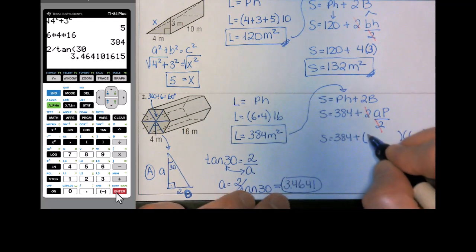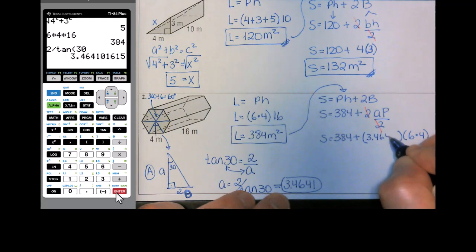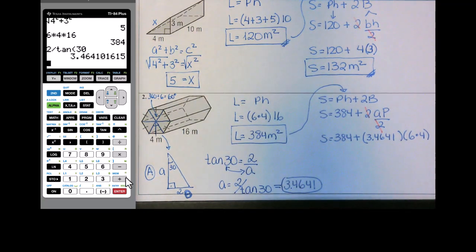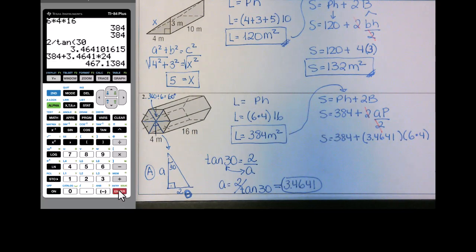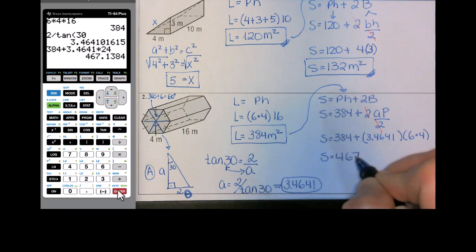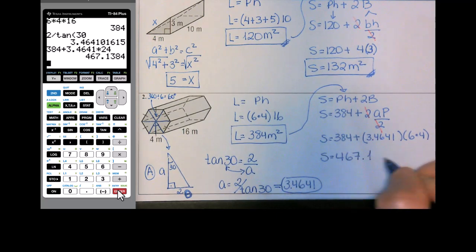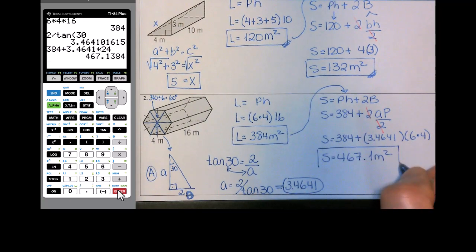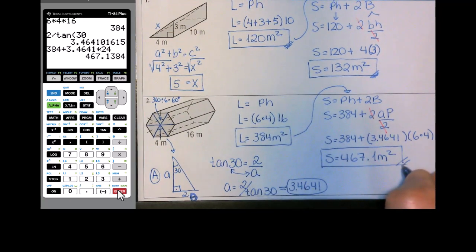So now we can plug it in here, 3.4641, and then we can find the surface area. 3.4641 times 24, and we get a surface area of 467.1 meters squared. Please remember, if the problem doesn't specify, make sure to round it to the nearest tenth.